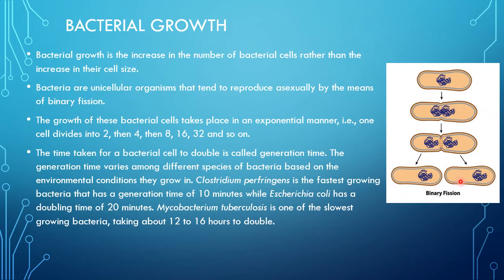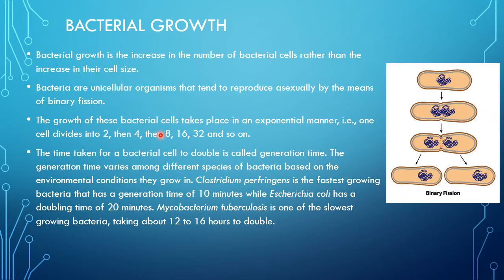So one cell gives 2, out of 2 we get 4, from 4 we get 8, from 8 to 16, 16 to 32 and so on. Like this, in an exponential manner, the division happens.